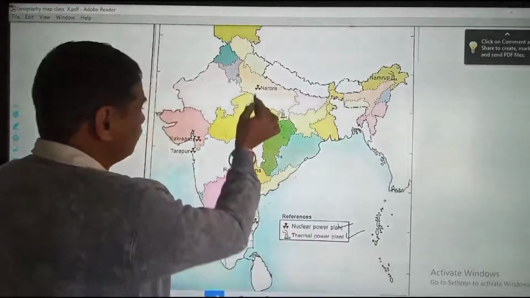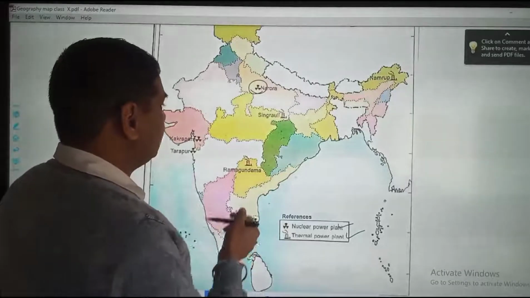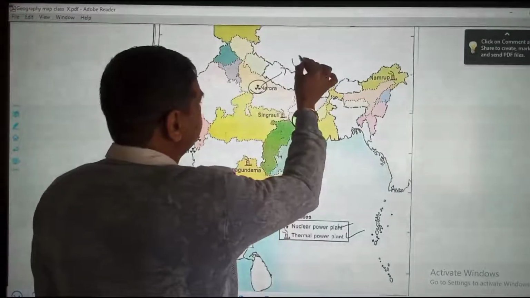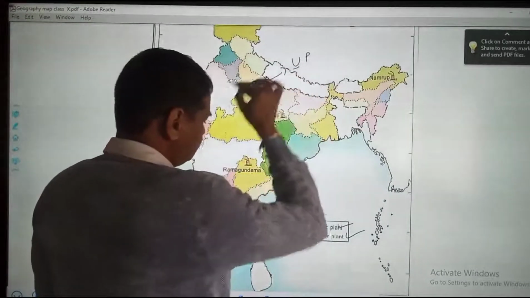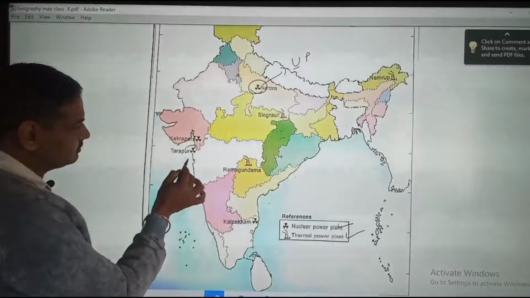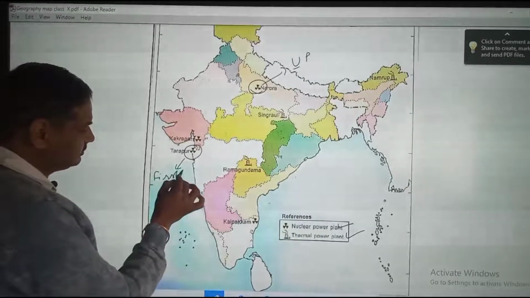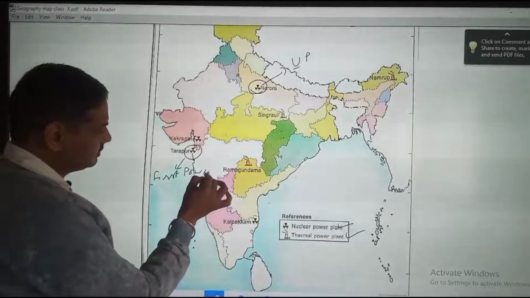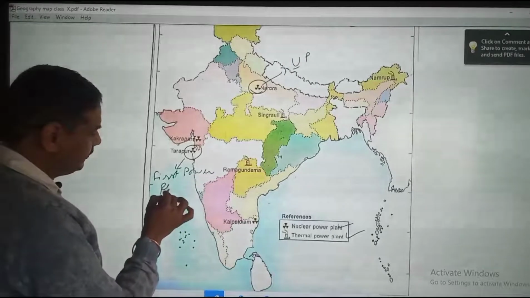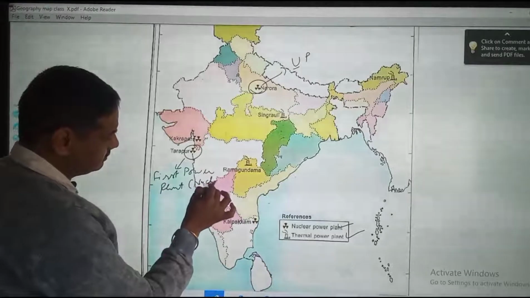So Naroda is a power plant in Uttar Pradesh, and this is a nuclear power plant. Then comes Tarapur, that is in Maharashtra. It was the first power plant of India. First nuclear power plant of India is Tarapur, in Maharashtra.